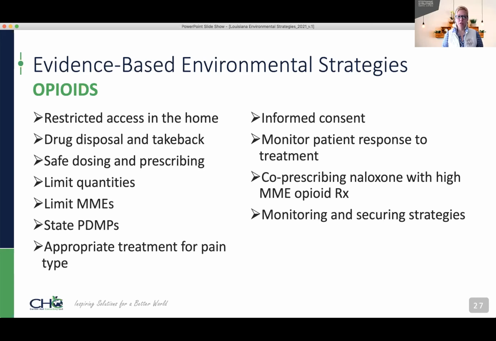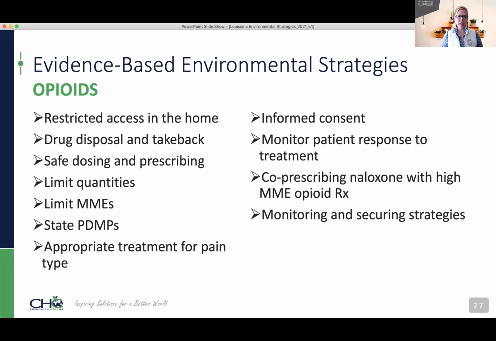I'll mention here that a number of law enforcement agencies are having a policy where no questions asked. Whatever you put in the drug disposal bin will be incinerated and disposed of properly, whether it's heroin or cocaine or prescription pills or marijuana, whatever it is. If you need to get rid of it, no questions asked, you can put it in the bin for disposal.